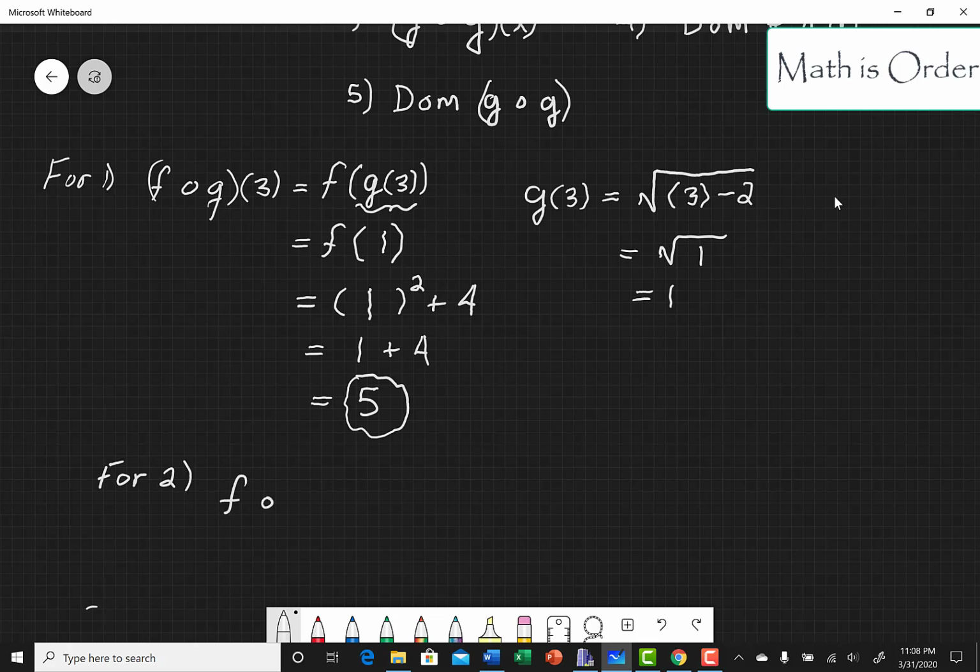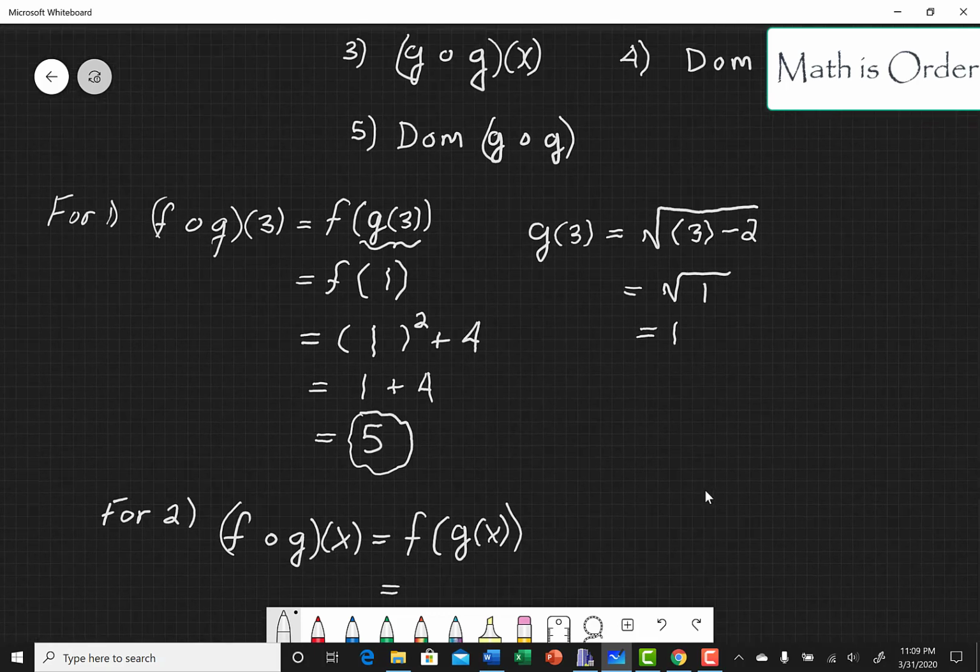We want to find out what is f composed with g of x. And again, by definition, f composed with g of x is f(g(x)). Right?